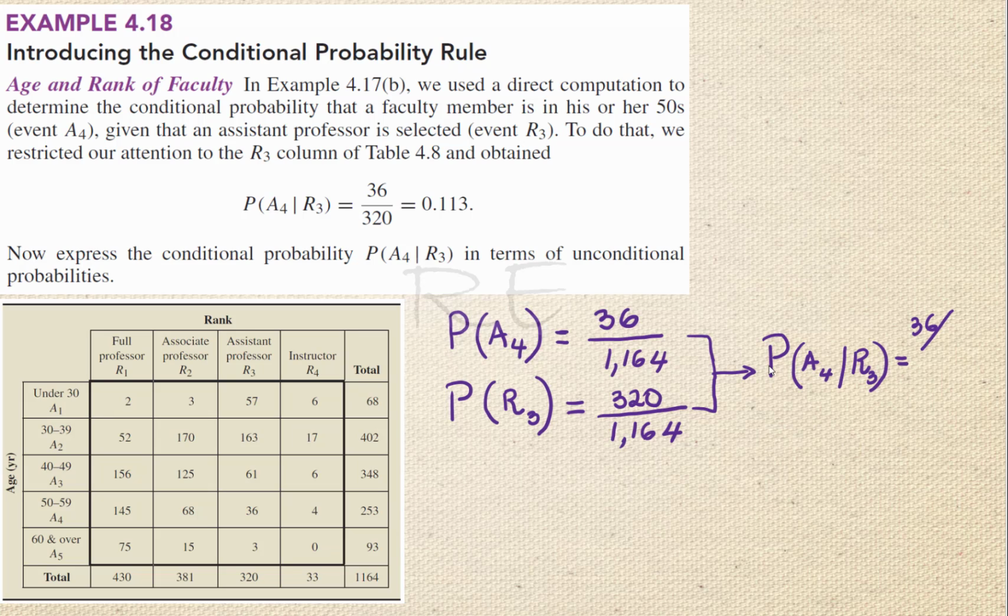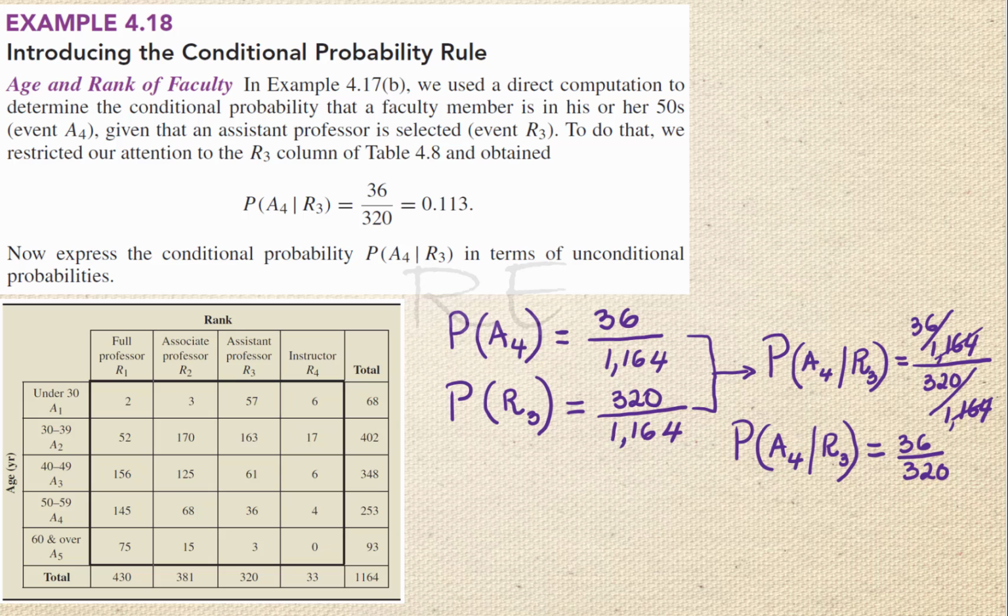The probability that a faculty member is in his 50s, given that the faculty member is an assistant professor, will be 36 over 1,164 divided by 320 over 1,164. The 1,164 will cancel, right? So the probability of A4 given R3 will be, after the cancellation, 36 over 320.